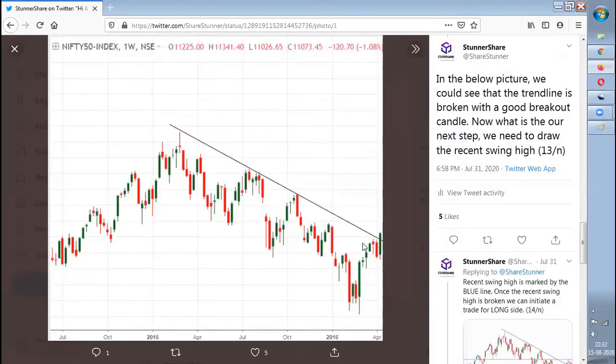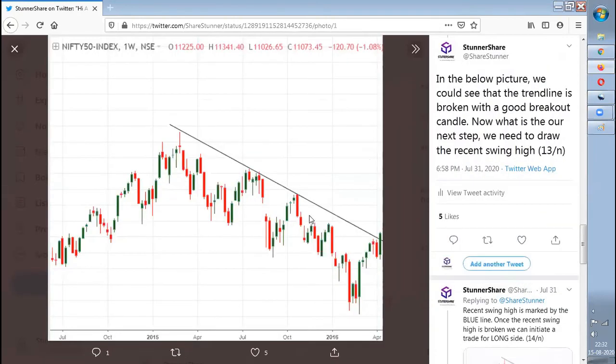At the same time, for the resistance trend line, whenever the trend line is broken, you need to draw a line which tells where the previous swing high is, and if the previous swing high is getting broken, then you can initiate a trade for the higher side, which means the upper side or the buy side.